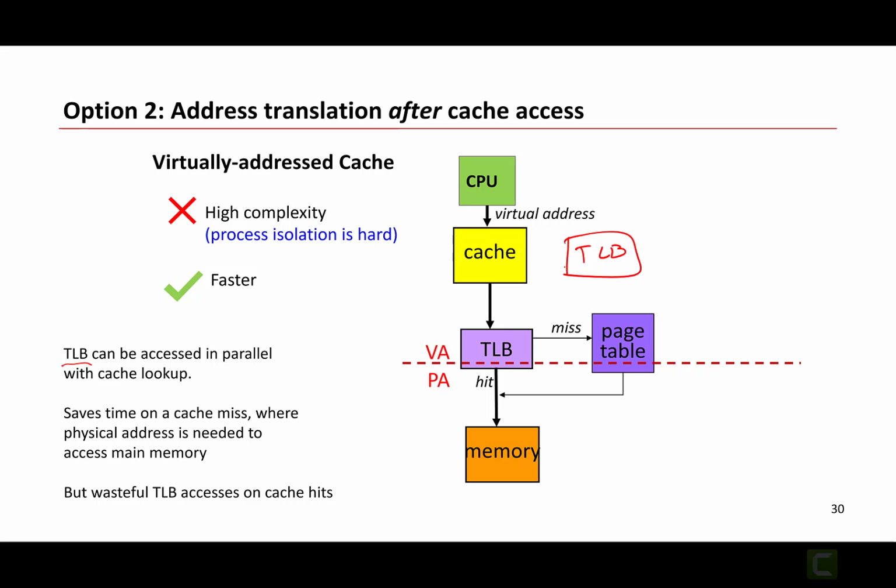Well, if you were to do that, then by the time when you discover that the cache doesn't have the data, meaning it's a cache miss, then you already have the physical address to go and access the main memory. So you kind of shave off a few cycles when you want to go and access the main memory. But the downside of this design, and that's why we didn't talk about it earlier, is you're accessing the TLB all the time, even on a cache hit.